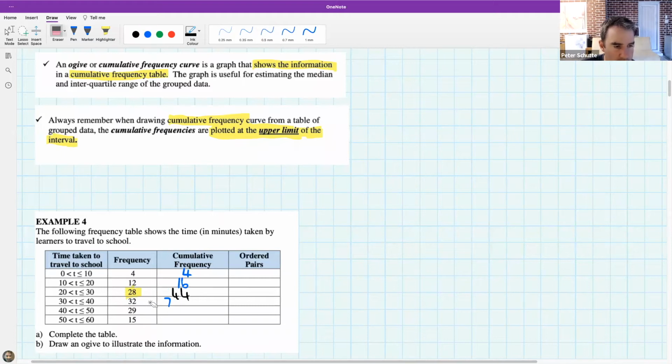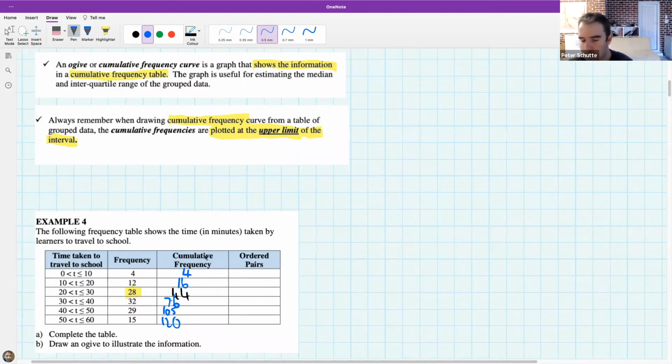So I think we would add the 32 and we would get 76. And then after that, we would add the 29 and we get 105. And then the last bit, we would add 15 to 105 and we get 120.